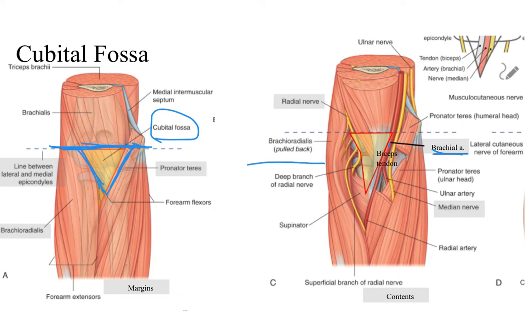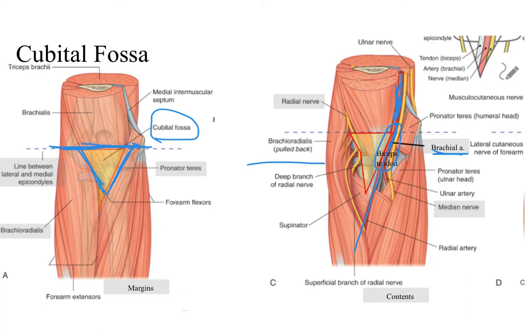So I really want you to notice the brachial artery comes from the medial aspect and continues medially towards the medial side of the arm, going to the middle of the arm, then crossing over to the lateral portion of the arm. But when it's in the cubital fossa, it's going to be oriented more medially on the arm than laterally.